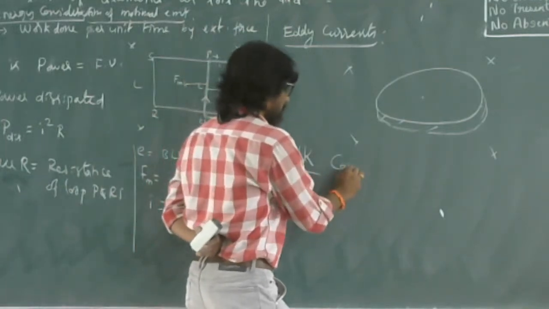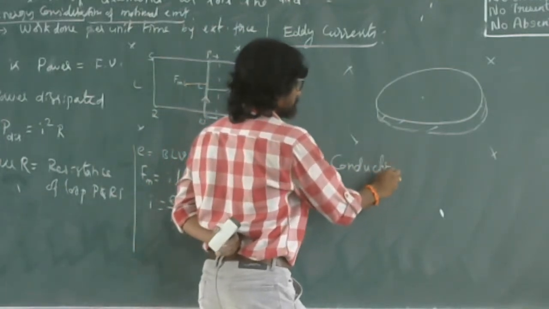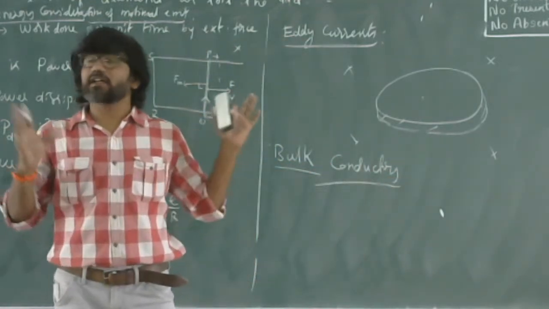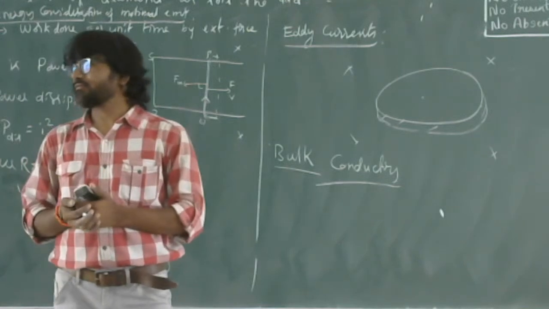This is specifically related to bulk conductors. They are called eddy currents. Got it?